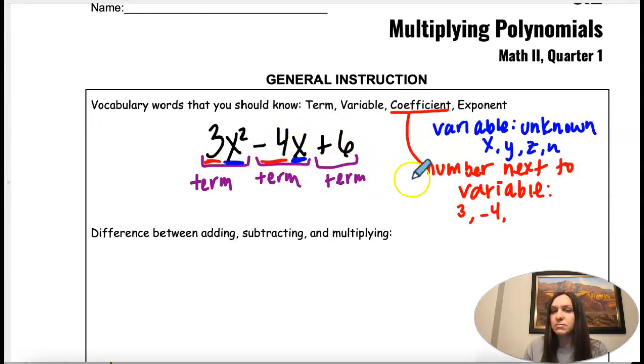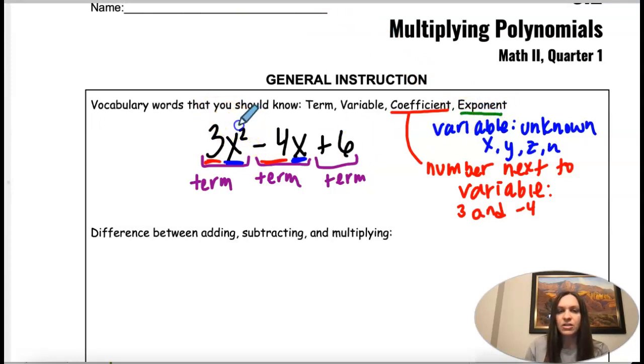And that's it. 6 is not, because there's no variable here. So it's just positive 3 and negative 4. Those are the coefficients.